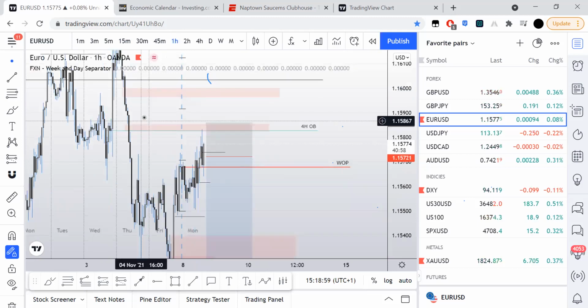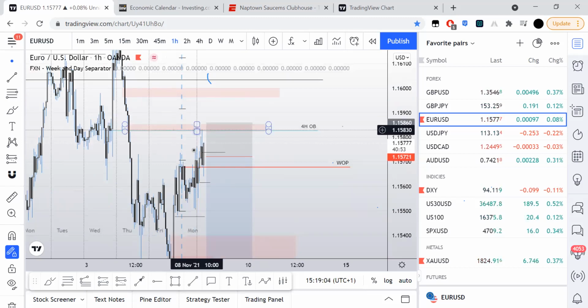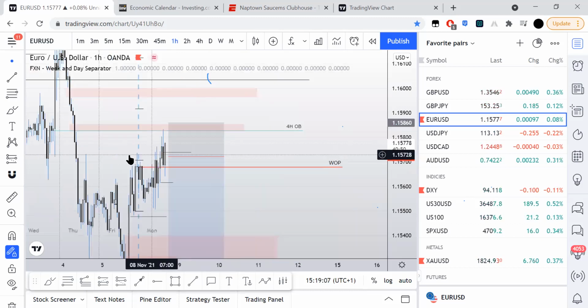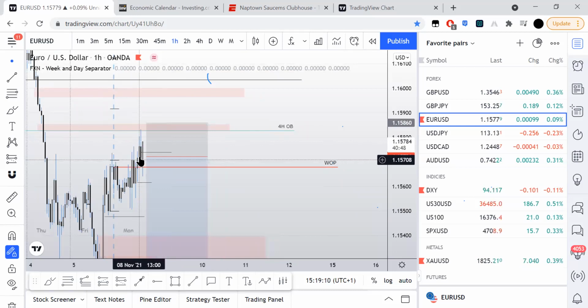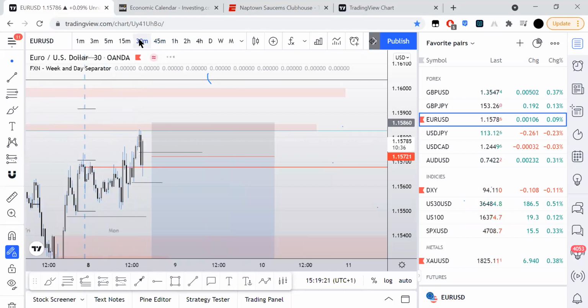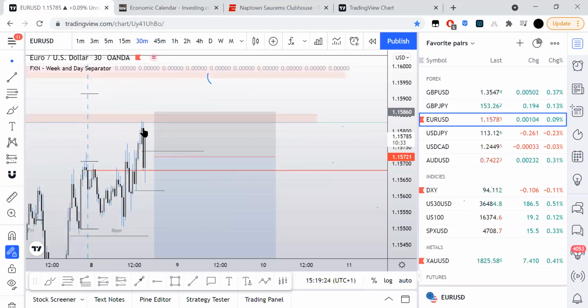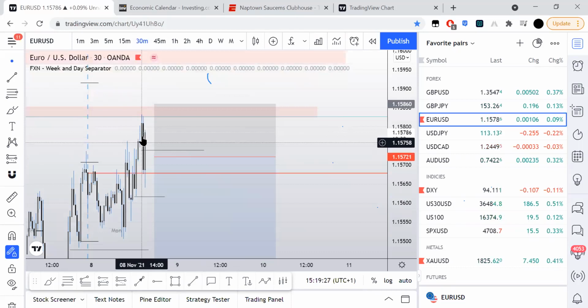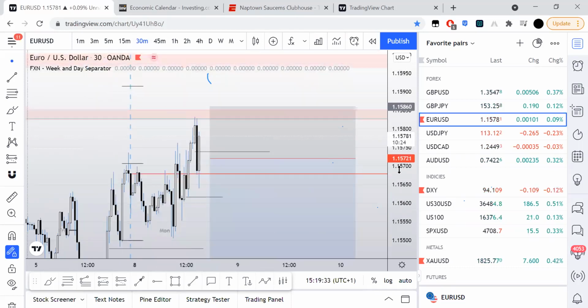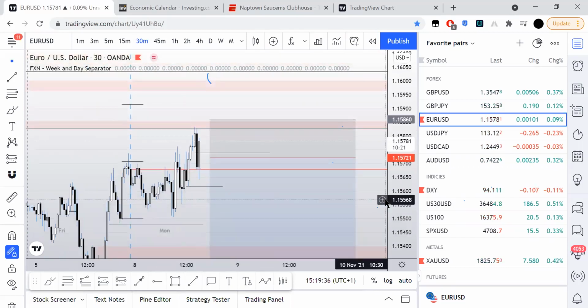As long as you got it above this fair value gap, it could come up and tap into it again and continue. But the goal was to hopefully respect this bearish order block. But the way it's moving, it doesn't look like it's gonna hold it as much, but you still have this 30-minute order block, so you want to see some rejection inside of here. Ten minutes before this close, at least some good rejection.